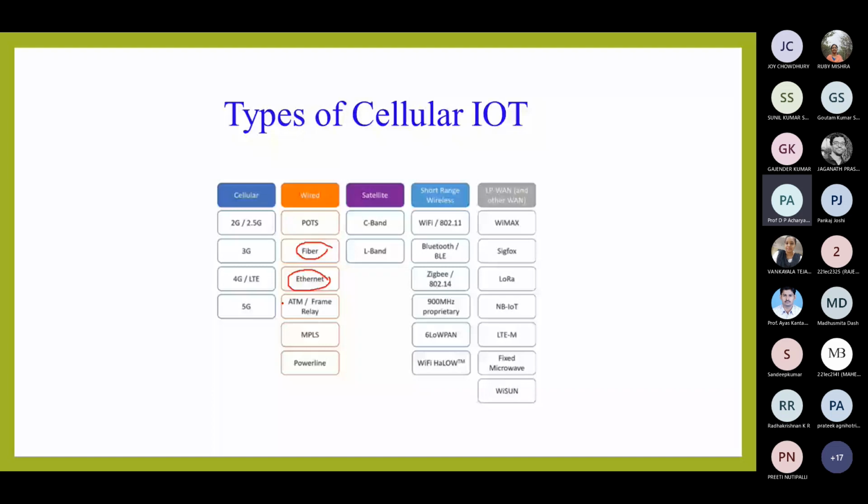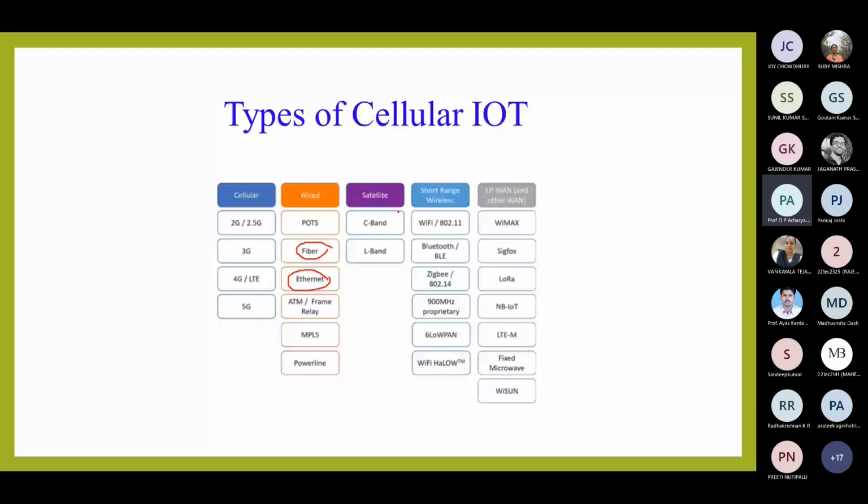ATM is not our bank ATM, it is asynchronous transfer mode of communication, and frame relay is there. Then, of course, MPLS routers you may be knowing. Then power line is another system. Satellite based communications, so satellite based C band, L band, of course Q band is there.